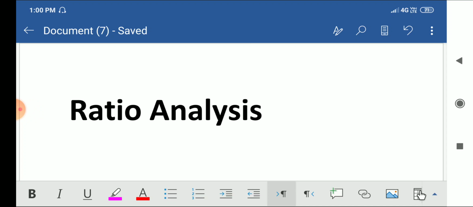Ratio analysis means the relation between two numbers, of which one is the numerator and another is the denominator.